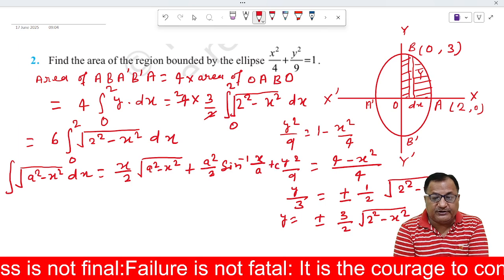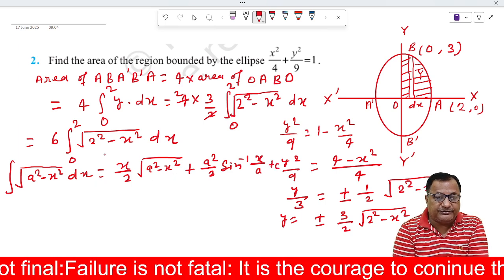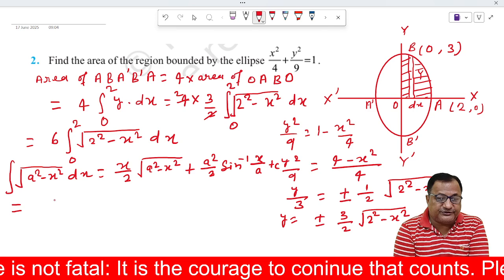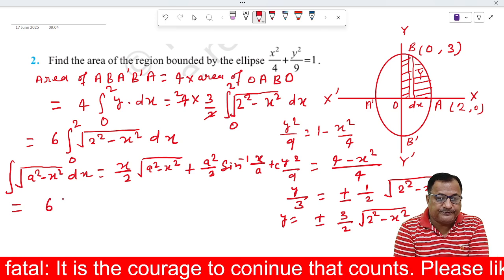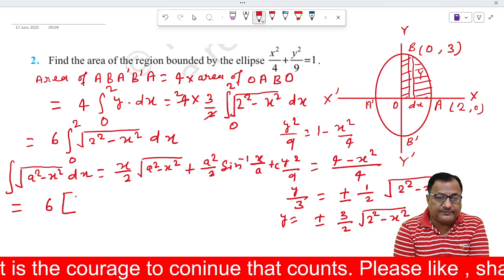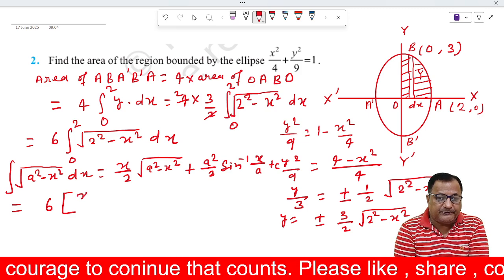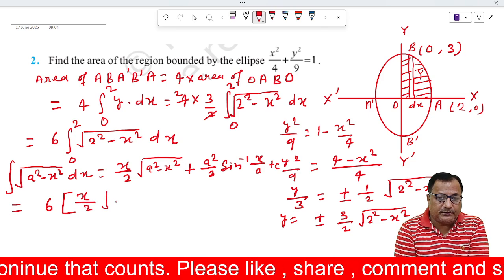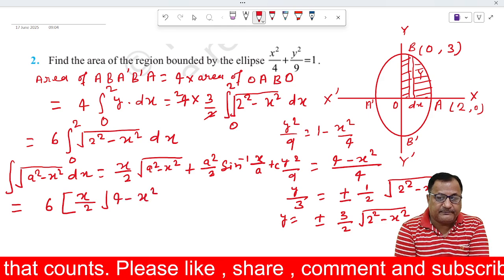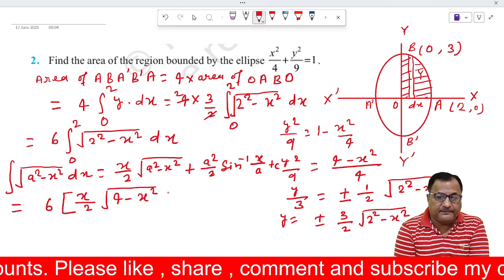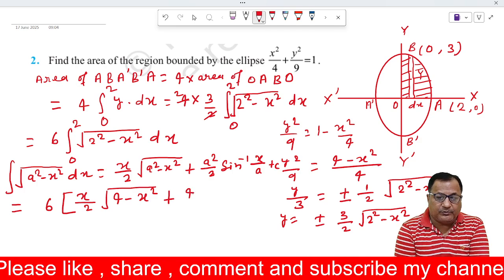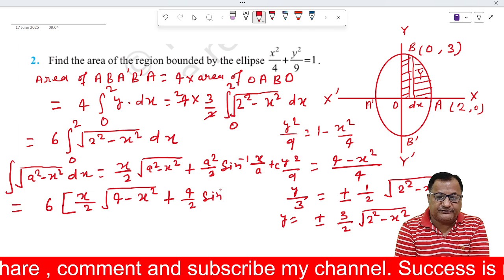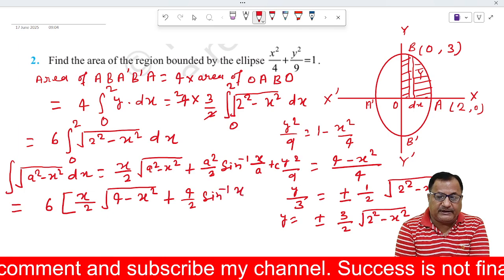On this formula we will integrate this, so we will get 6 times x by 2 root of 4 minus x square plus 4 by 2 sine inverse x by 2.